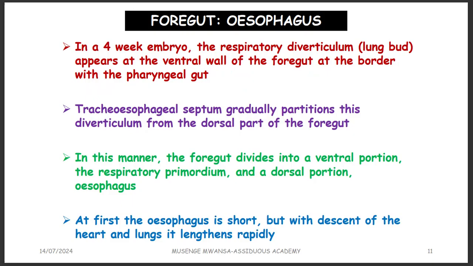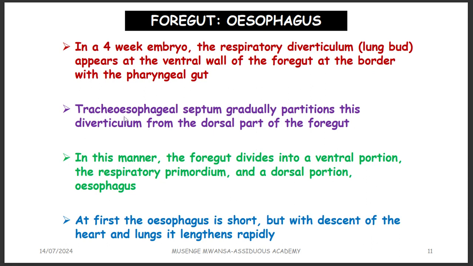Okay. So let's start with the esophagus. Esophagus in a 4-week embryo, you are going to have the respiratory diverticulum or the lung bud that is going to appear at the ventral of the foregut at the border with the pharyngeal gut. Okay, pharyngeal gut. No, pharyngeal is just representing the pharynx, isn't it?